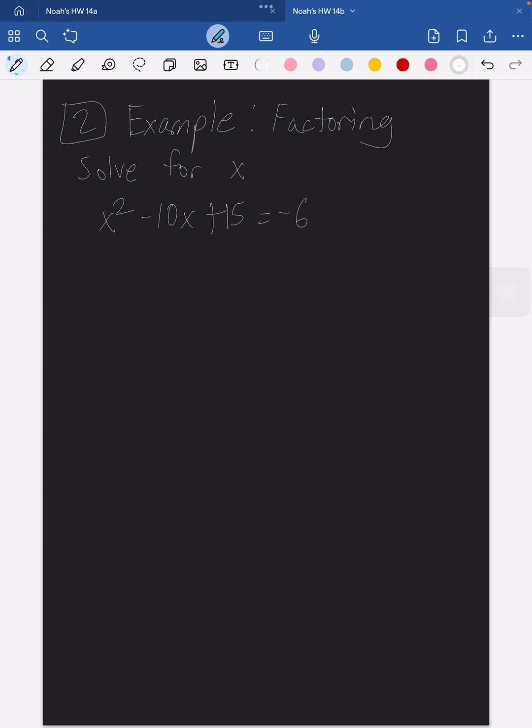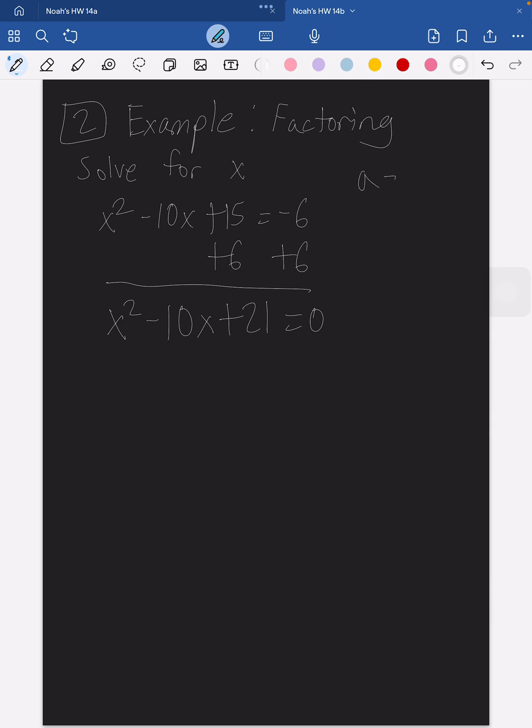So this equation is not in standard form right now because we don't have a 0 on the right side. So let's go ahead and fix that. We can add 6 to both sides and we get x squared minus 10x plus 21 is equal to 0. All right, now this is in standard form. We can go ahead and begin our process.